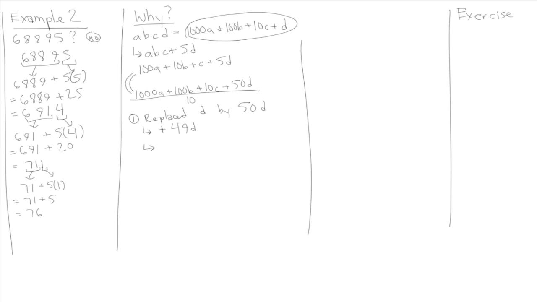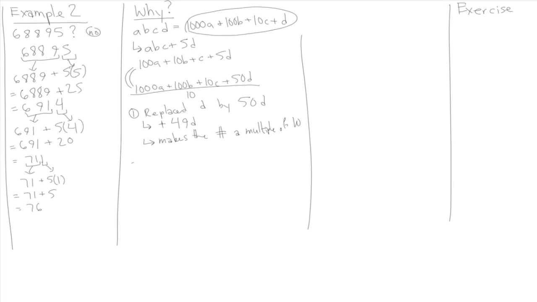And the other reason that we chose to do this is now it makes the number a multiple of 10. This allows us to do the second step, which is divide by 10.